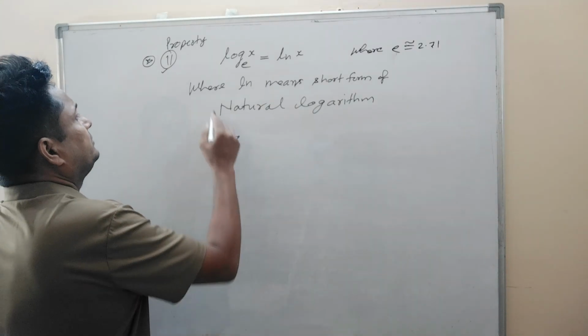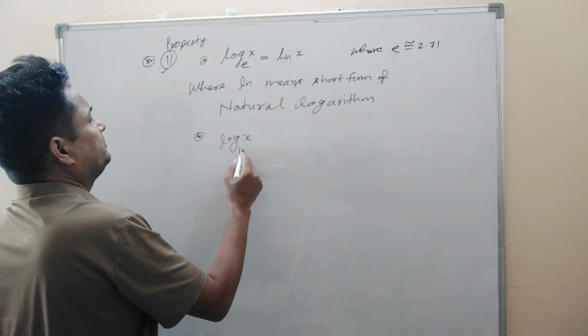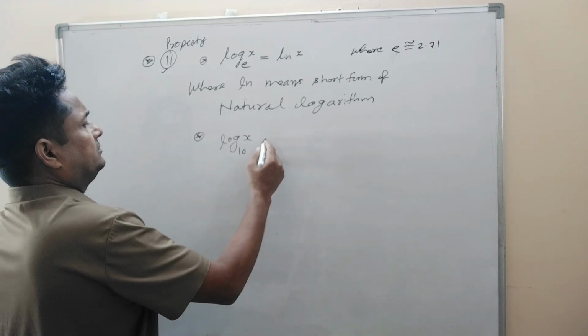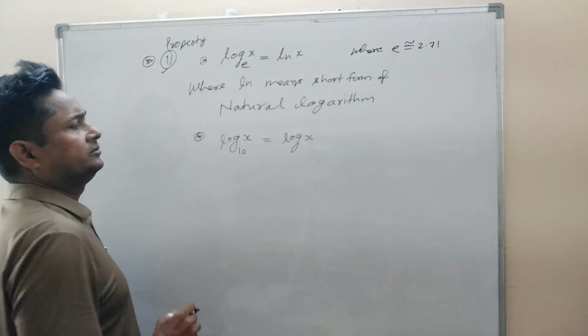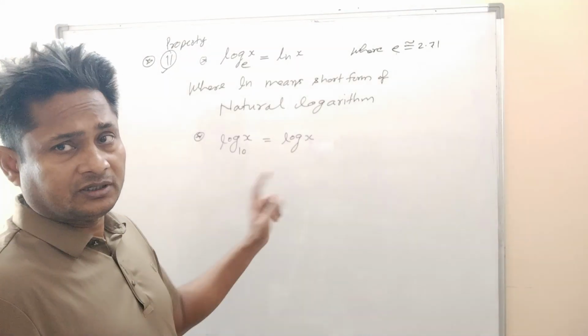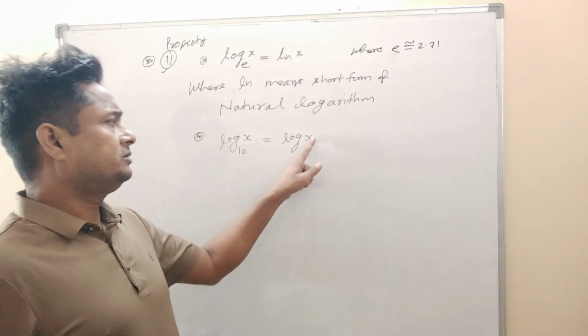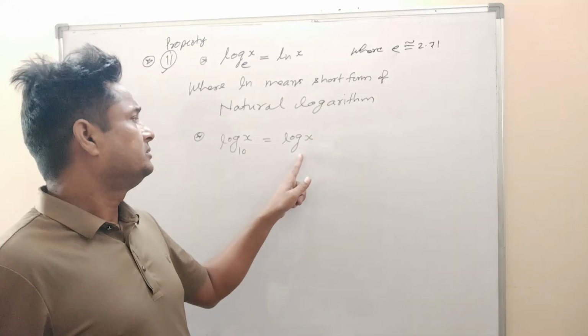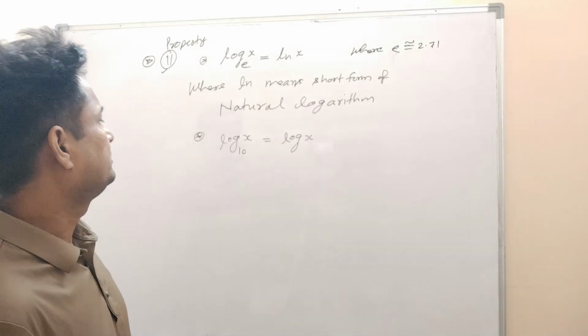Next one is log of x base 10 is equal to log of x. Both are same. If you have log x and the base is not written, then this is equal to log x base 10.